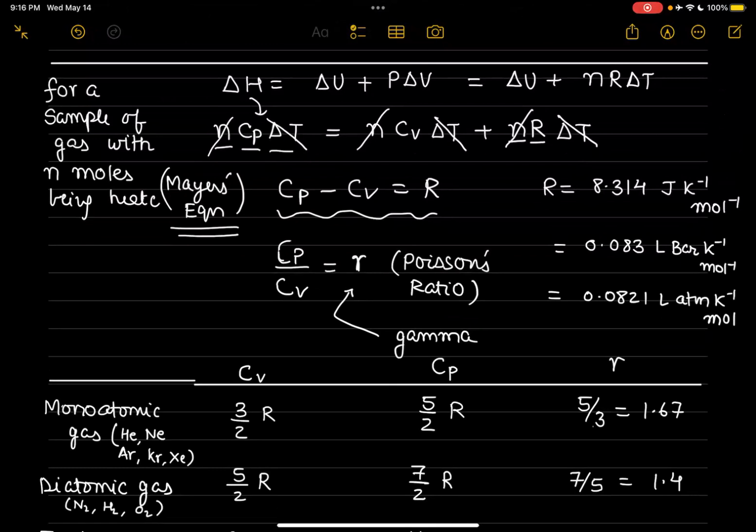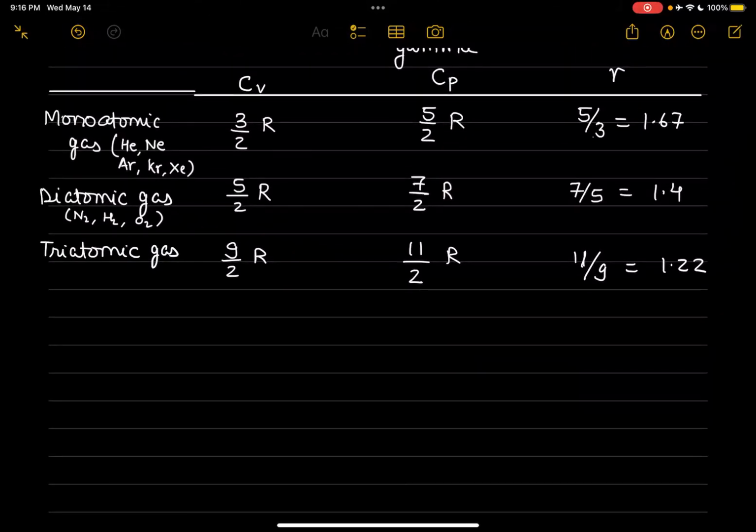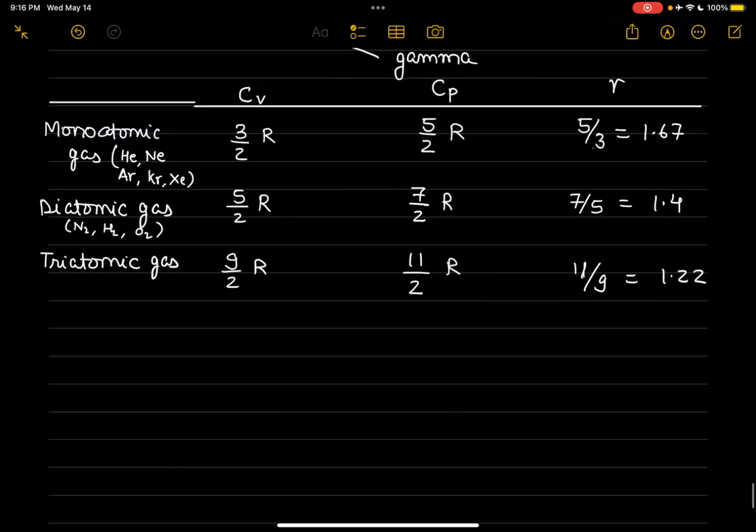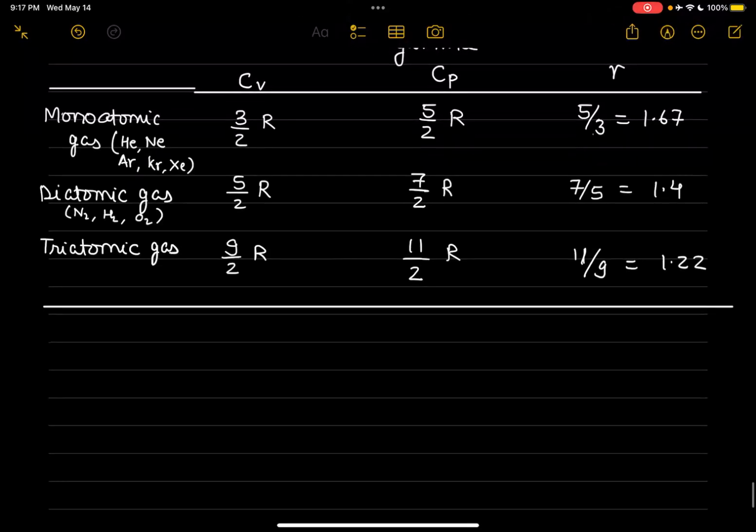Adding heat and carrying out a reaction in a closed container is known as a bomb calorimeter. Delta U is calculated with a bomb calorimeter. Okay.